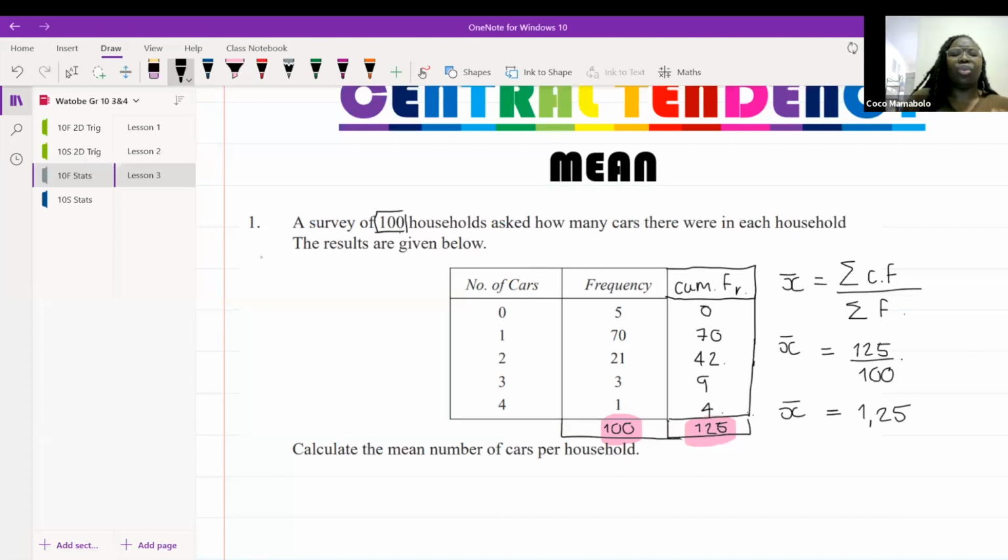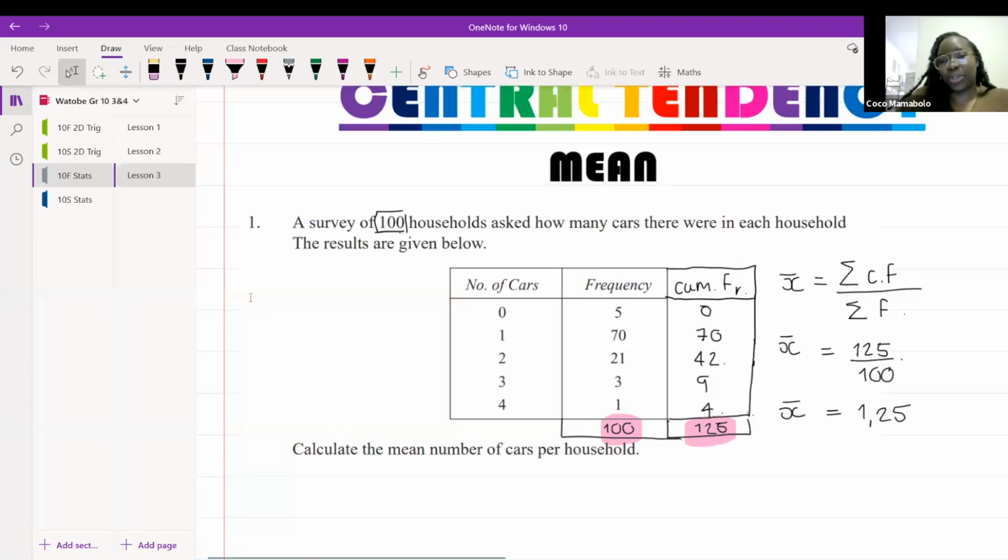You deserve all the flowers because you did that beautifully. Well done.